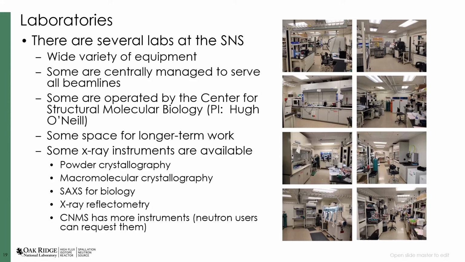ORNL is, much like all the other DOE laboratories, a very large organization, and in the event that we don't have the kind of characterization that you need to do on site in preparation for your experiment, we might be able to find somebody who can help you out. Maybe. They may be in a different part of the campus entirely, but we might be able to help out.